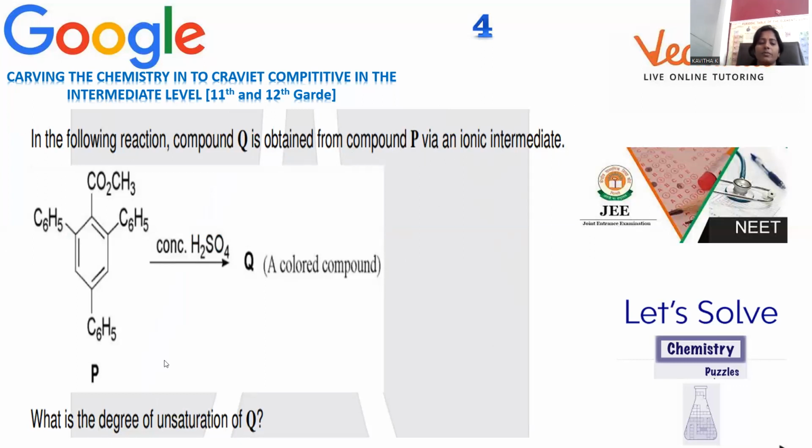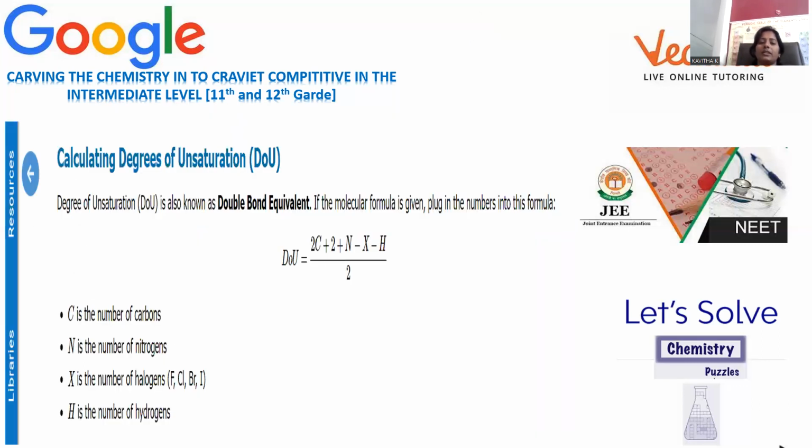The question is, if Q is formed, what is the degree of unsaturation? This is the actual question. Being the organic chemistry part, there is a kind of physical chemistry focus on this. Degree of unsaturation means we have to go for the mathematical part over here. In order to get the degree of unsaturation in the given compound, there is a formula. This is collected from the Liber text. Degree of unsaturation is equal to (2C + 2 + N - X - H) by 2.